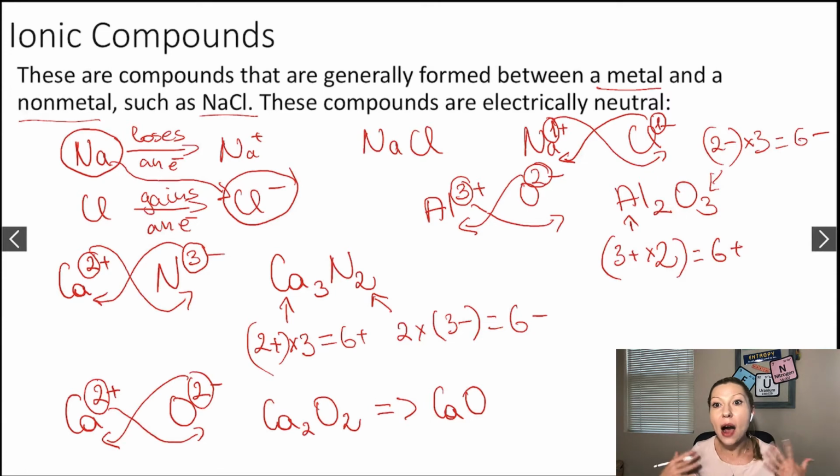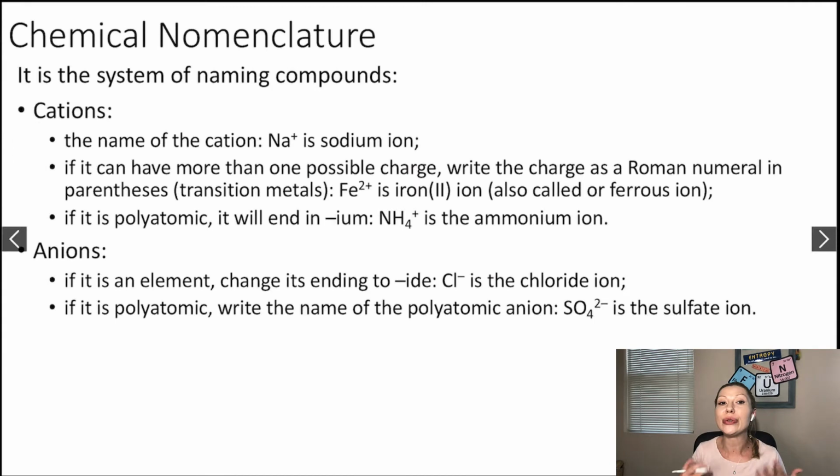Okay, so how do I name these compounds? Well, I have to use the so-called chemical nomenclature. It is the system of naming compounds. When I have a cation, I will have to use simply the name of the cation, like the sodium ion, Na+. Now, in some cases, when the cation can have more than one possible charge, I will have to add the charge as a Roman numeral in parentheses.